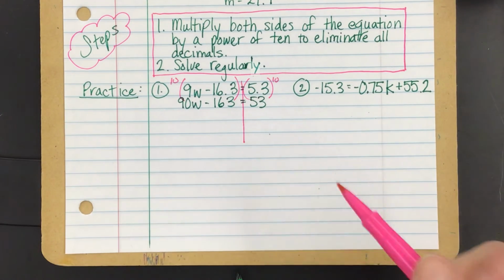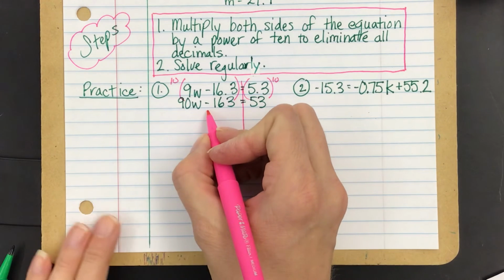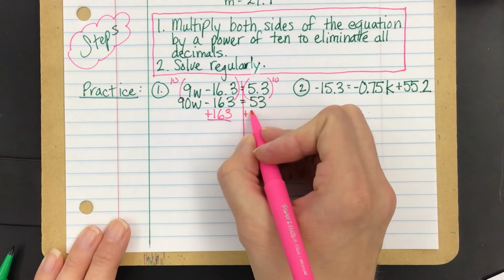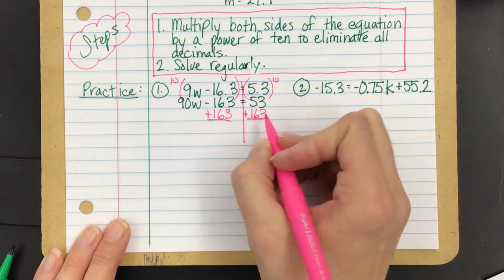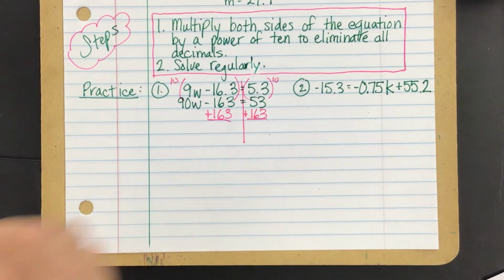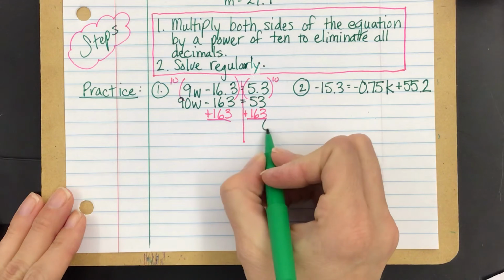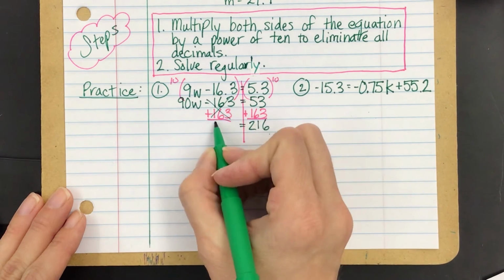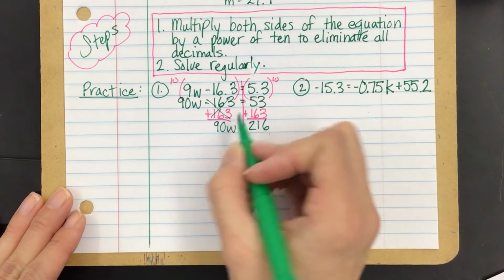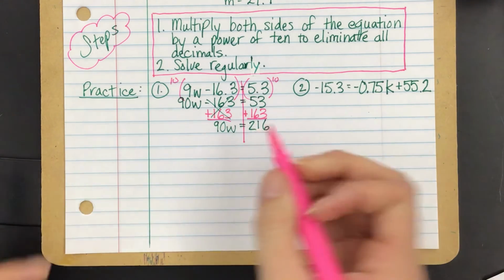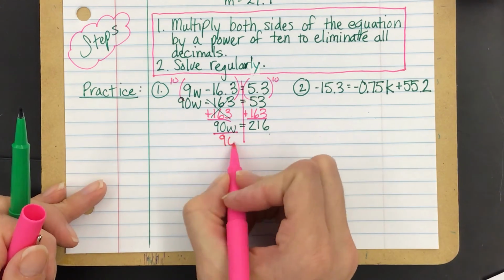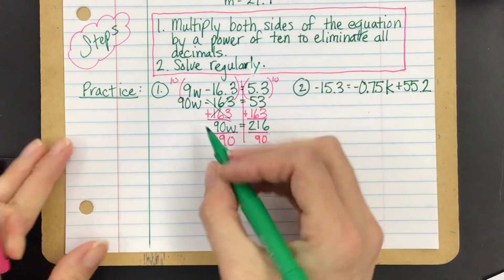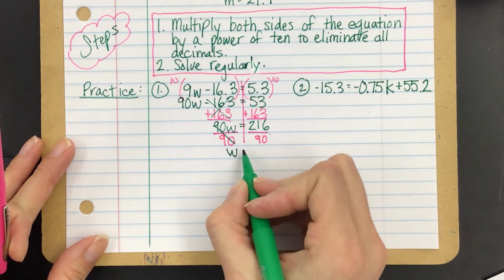Then I'm going to add 163 to both sides. I'm going to get 6,200, and then this cancels out. Then 90W. I'm going to divide both sides by 90. These cancel out.